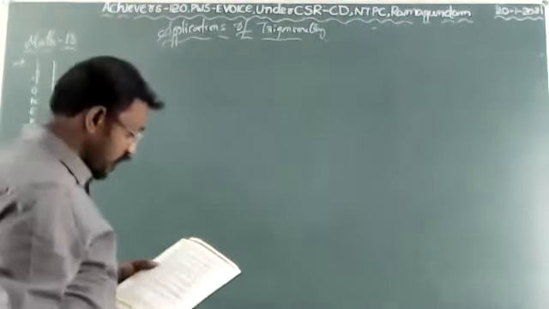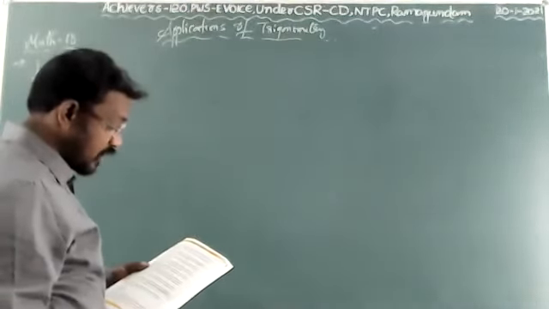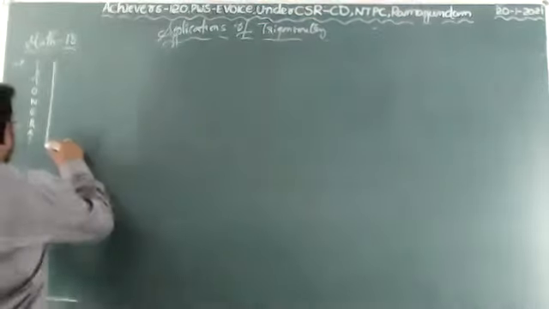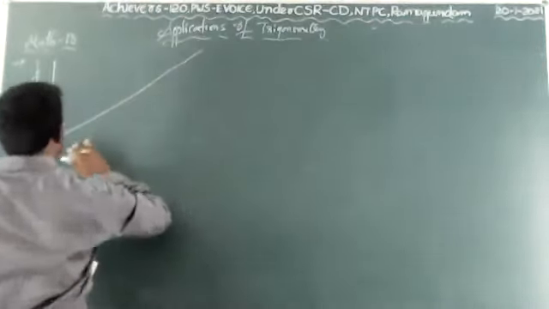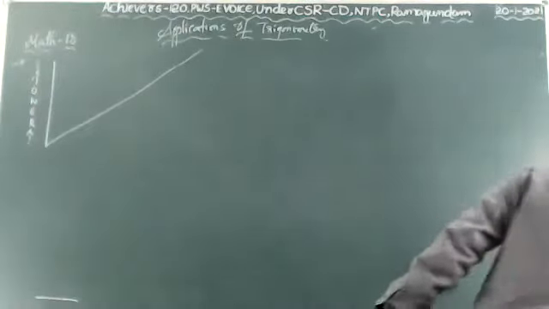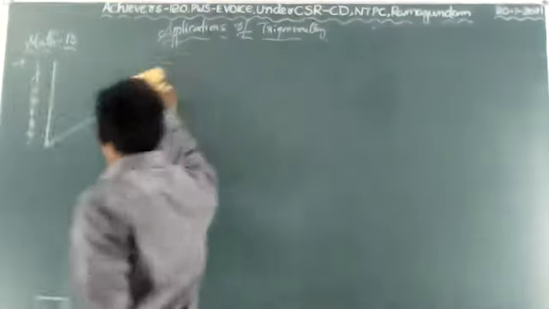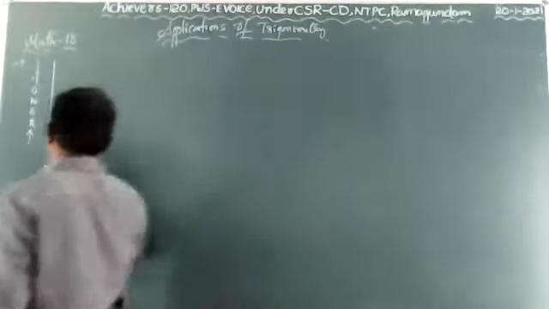The angle of elevation of the top of the building from the foot of the tower is 30 degrees. 30 means this is very lengthy.